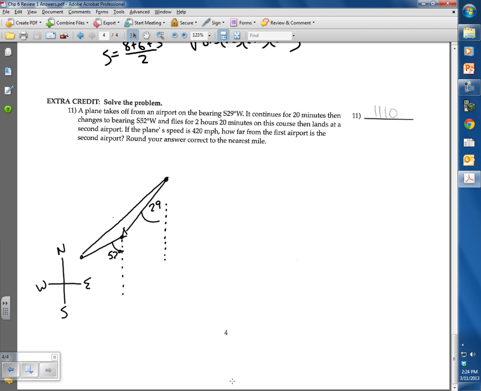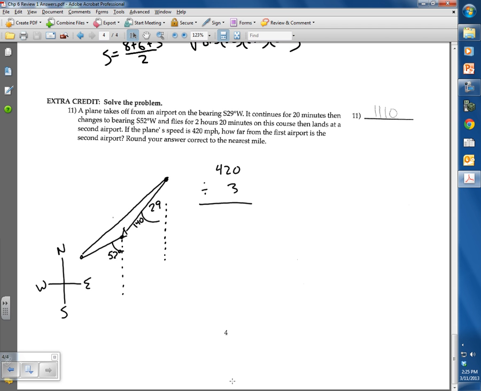Alright, so first things first, we do know a side length here, 420 miles per hour. If we flew for 20 minutes, that's a third of an hour, so 420 divided by 3 is 140, so this length here is 140.